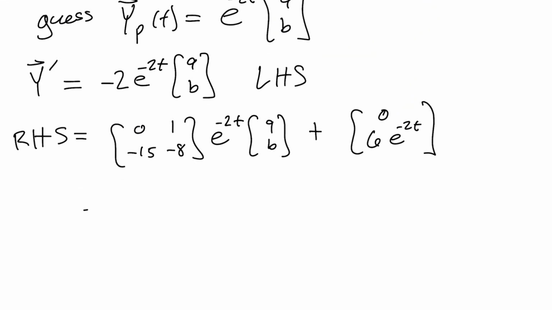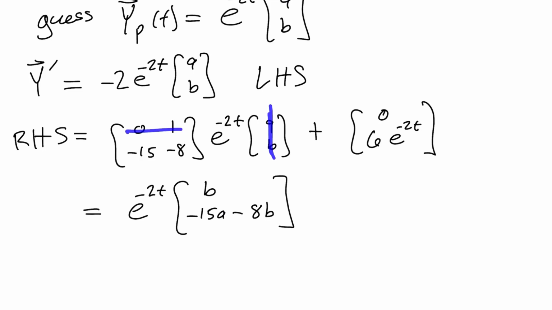Then on the right-hand side, I will get e to the negative 2t times the vector b, and then negative 15a minus 8b. That's just multiplying row times column, and e to the negative 2t is just a constant that comes out front. And then this will become e to the negative 2t times 0, 6.